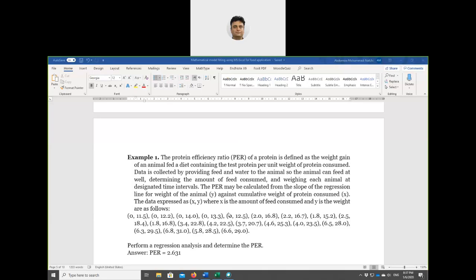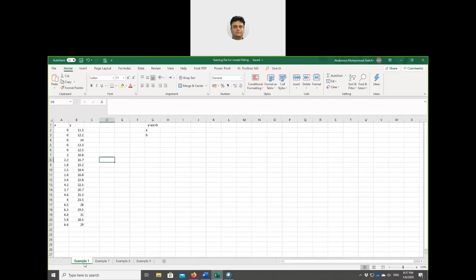Okay, so please open your Excel file. The first tab is example one. All of you have the file, I should check. If you have not, please put a comment here, and if you have, you download the file.